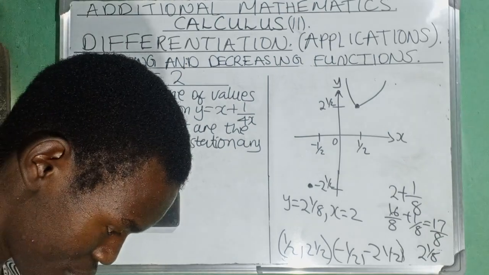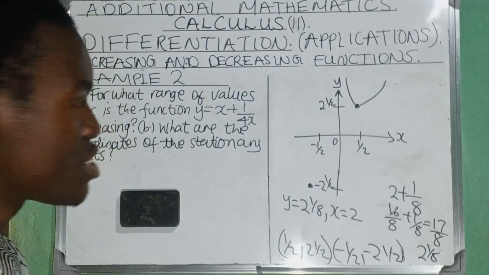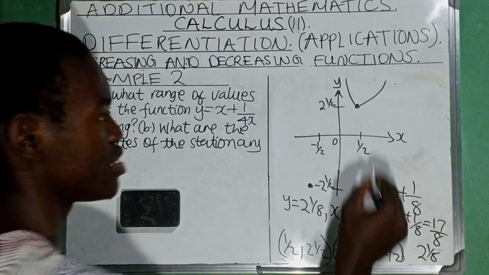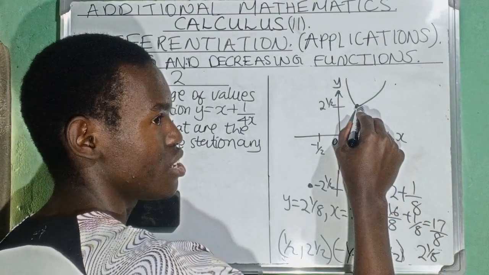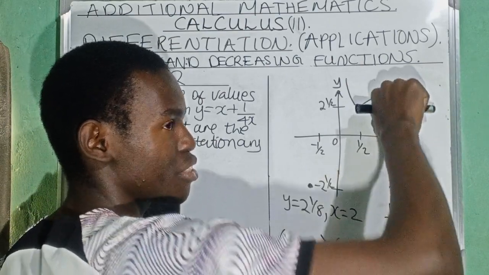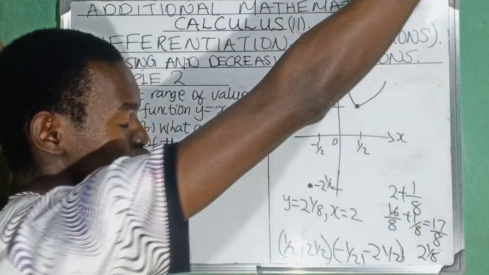Okay? Which signifies that this side, as you are going from the highest point, wherever the curve is going, it's increasing to infinity.